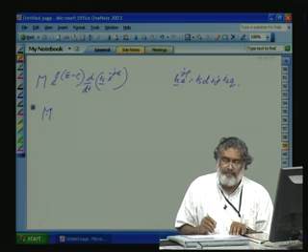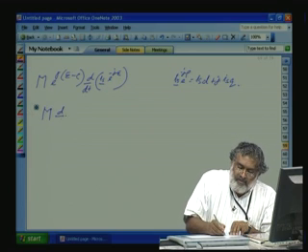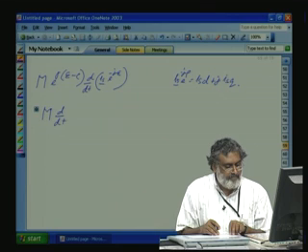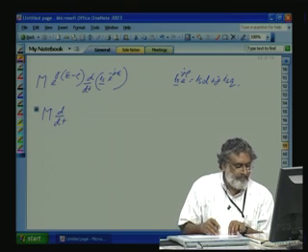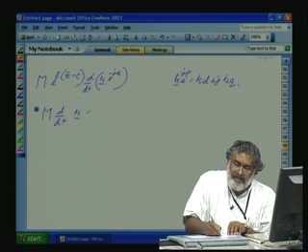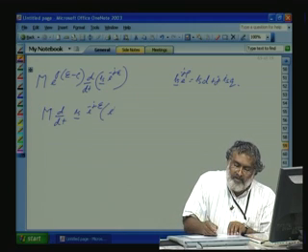M into d by dt of that is e raised to minus j epsilon into e raised to j epsilon minus rho.